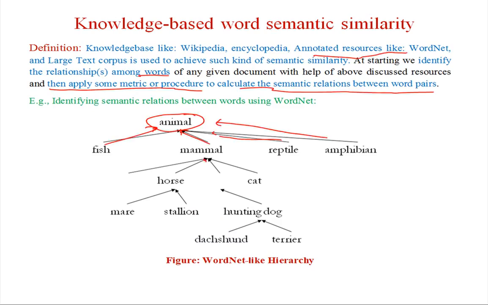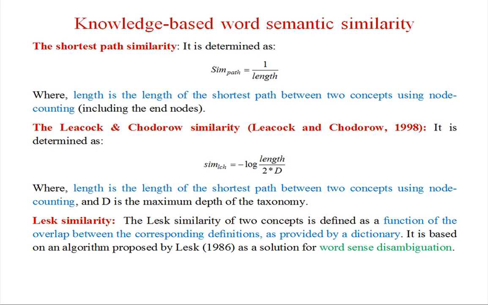For example, to identify the similarity between cat and animal, we check the shortest path between cat and animal, and 1 divided by the shortest path length gives the similarity score between cat and animal. In this equation, length is the length of the shortest path between two concepts using node counting, including the end node also.